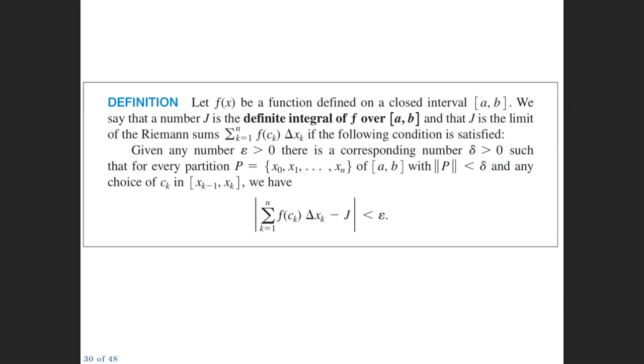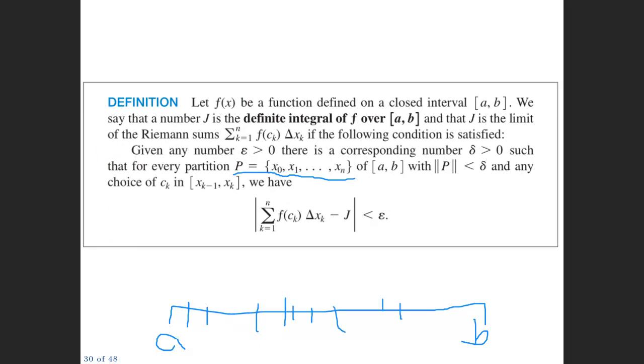for every partition, so if you remember, I took my interval from a to b and chopped it up into lots of little pieces. Some were big, maybe, some were small. That's the idea of doing a partition.